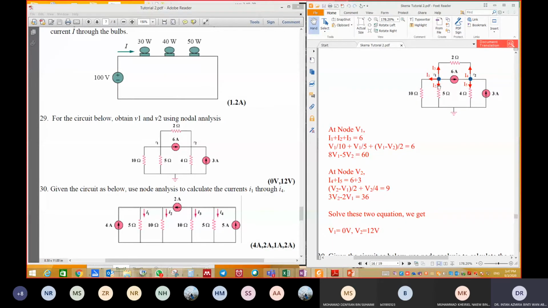Now let's write the KCL equation. All the currents leaving equal to 6: I1 plus I2 plus I3 equals 6.